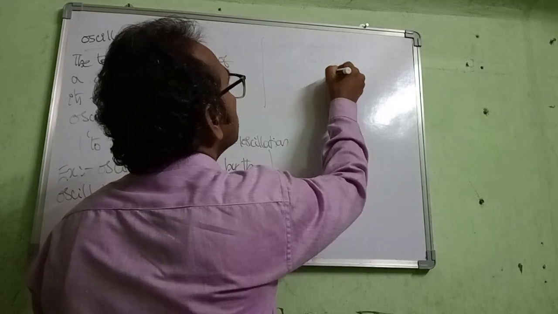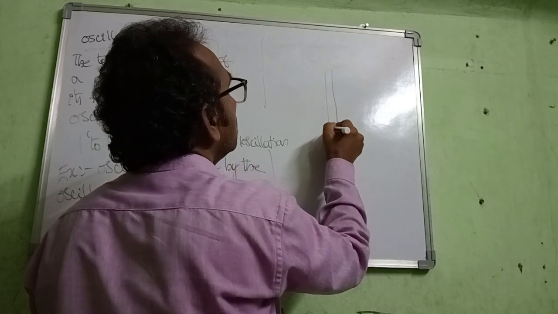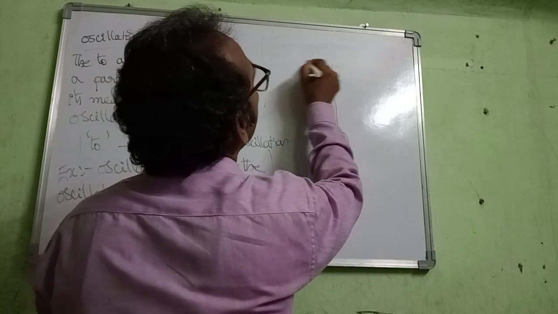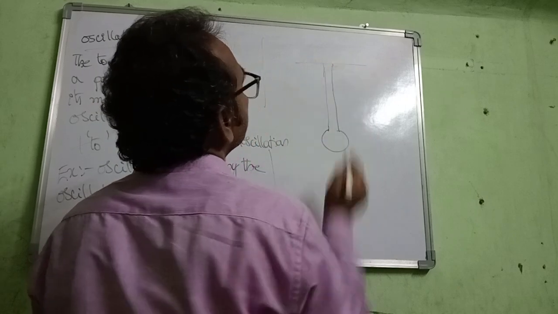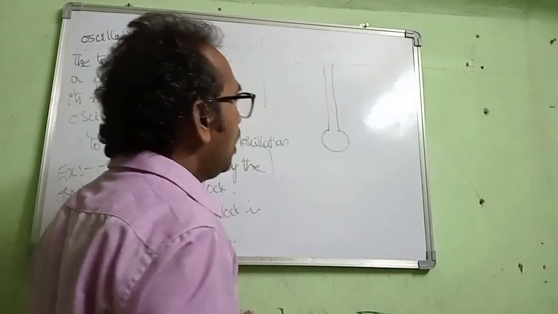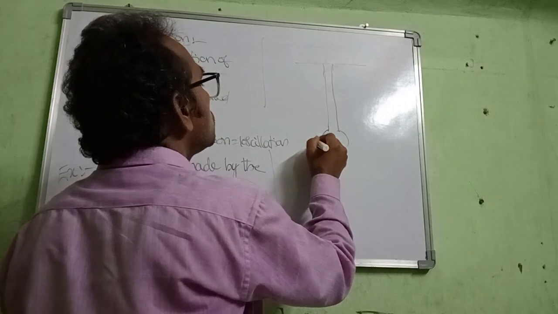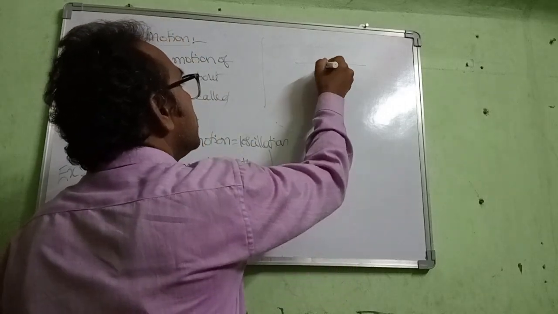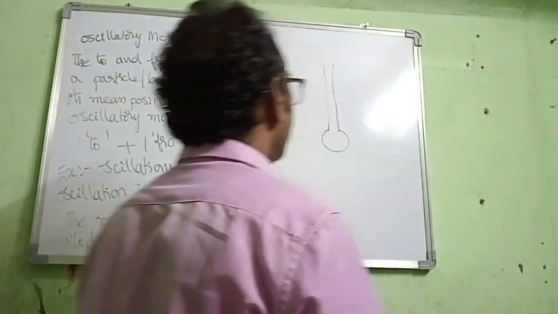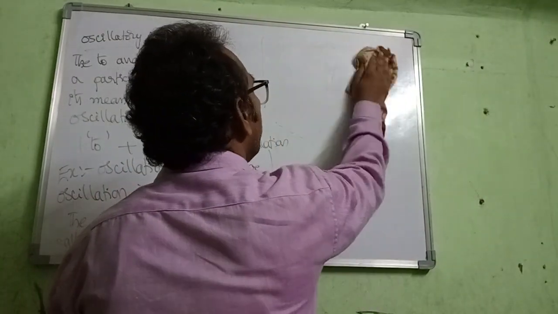Example, I am taking a wall clock, suppose this is the wall clock. Now it is fixed to a rigid support. Now this moves towards one side, I am drawing in a simple way.